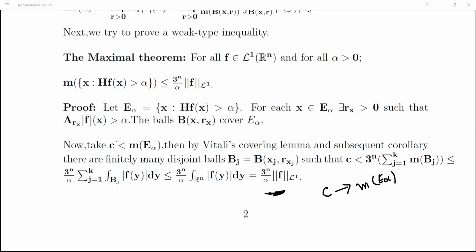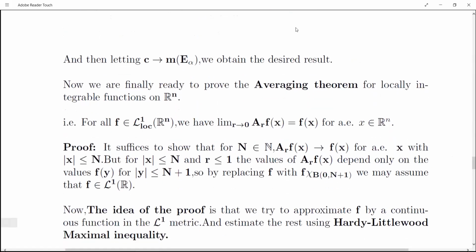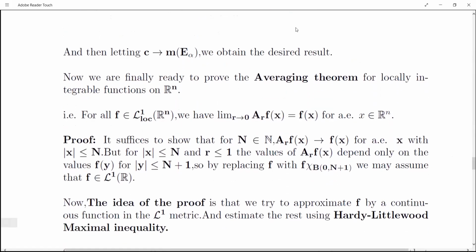So from that it will follow that the measure of E alpha itself is less than or equal to 3 to the power n by alpha times the L1 norm of f. Right. So letting C tend to the measure of E alpha, we obtain the desired result.